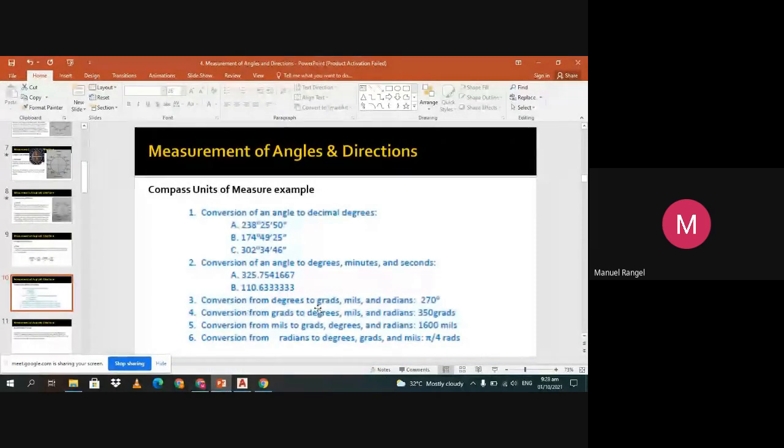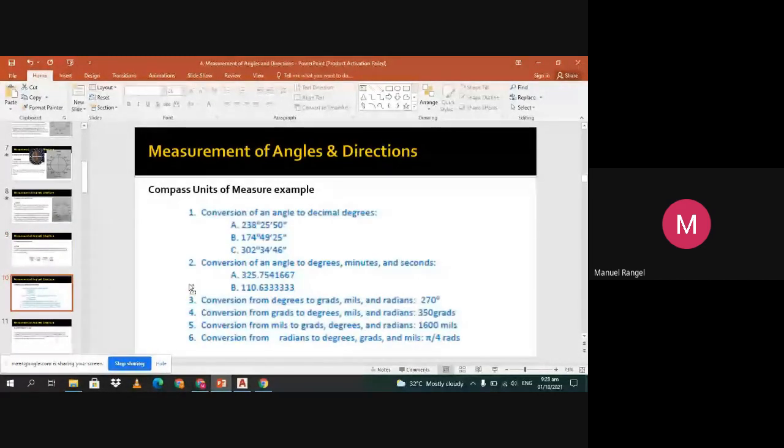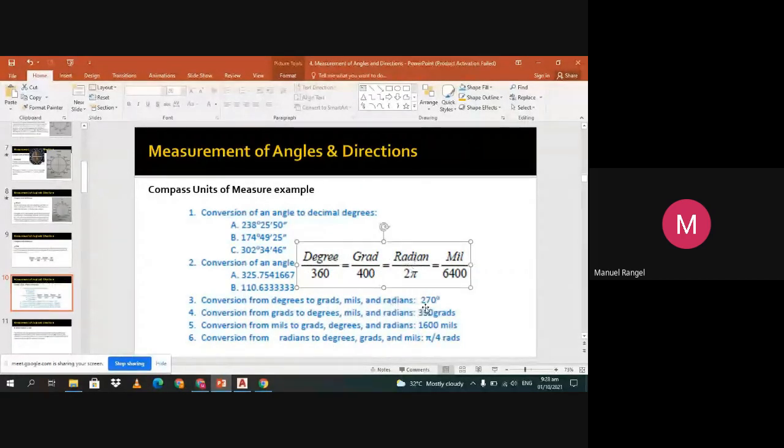Then conversion from degrees to grads, mils, and radians. So using the formula, convert na 270 into grads. 270 divided by 360 times 400 equals 300 grads, no?